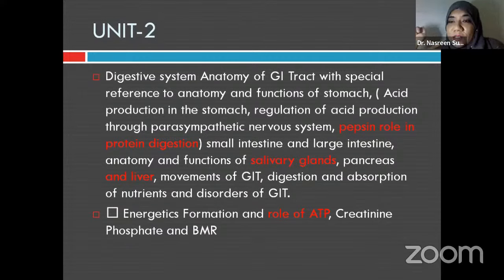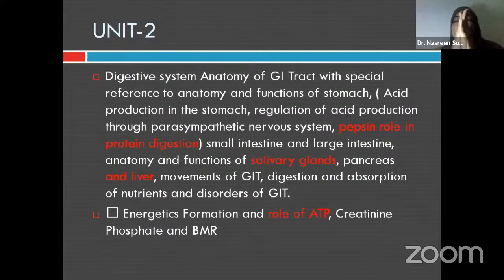Then you have movements of GIT, called peristaltic movements. Different movements will be seen in the GIT, which come under mechanical digestion. Then how digestion occurs, how absorption of nutrients occurs, and what are the different disorders of GIT.